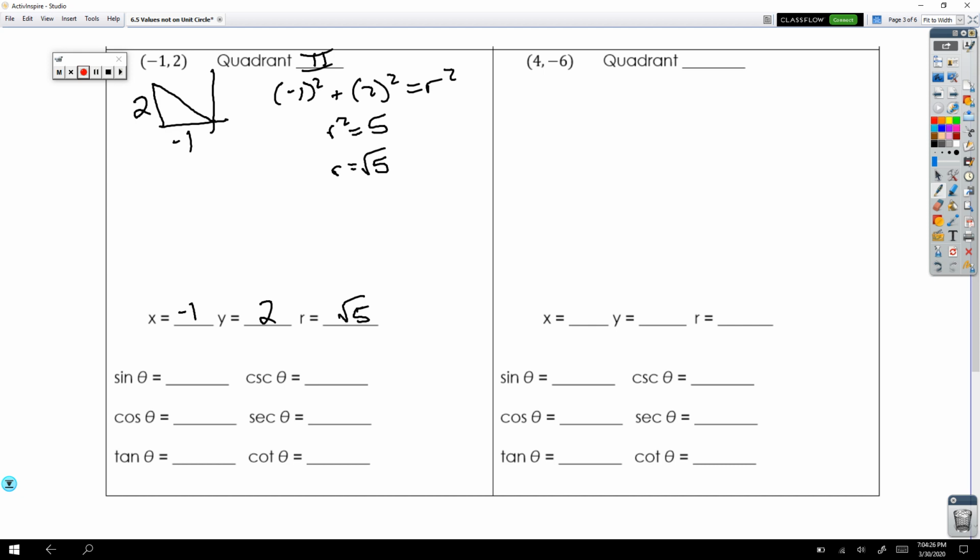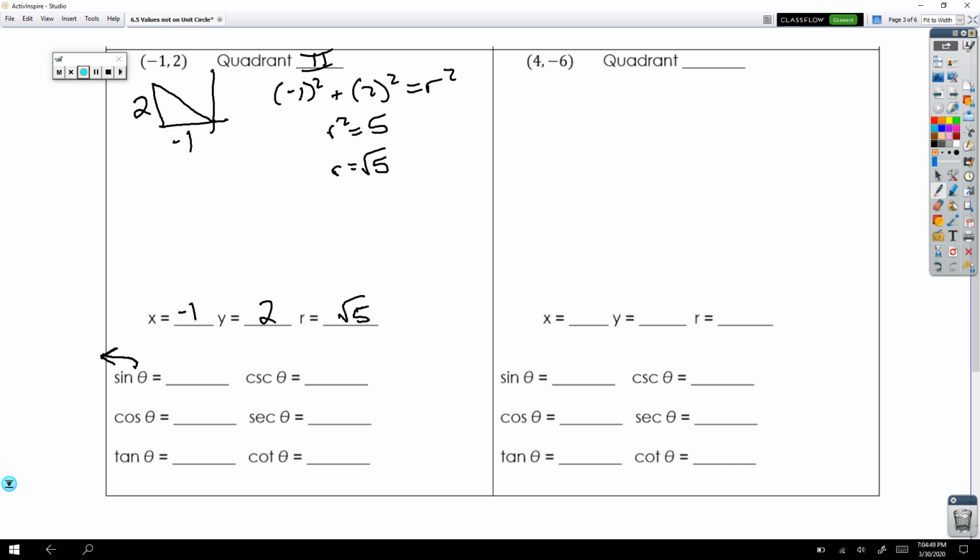Now, the crappy part of having a radical for your r is that we're going to have to do a lot of rationalizing. And I don't have a lot of space here, so I'll spell it out for sine, and then the rest of them I'll rationalize all in one step. So, let's look at sine first.